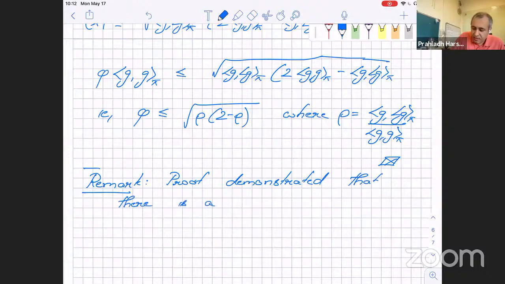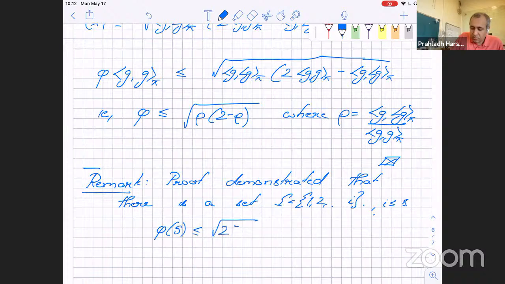Yes, there is a set of the form 1, 2, 3 up to some i, where i is less than or equal to s, such that phi s is less than or equal to square root 2 lambda 2.